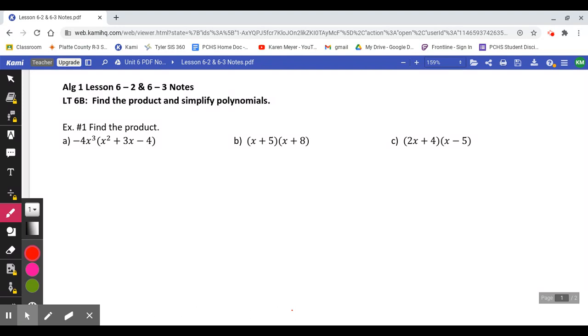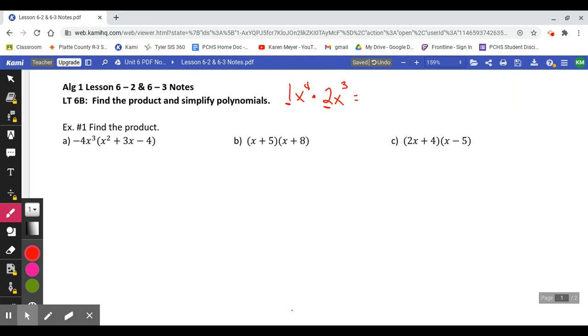But one thing you need to remember from an older unit is when we are multiplying with exponents, like x to the fourth times 2x to the third, you need to remember that you multiply the coefficients, so that's the numbers in front.